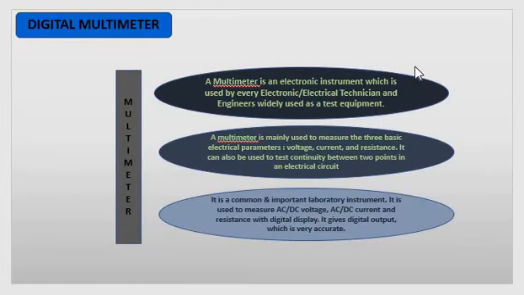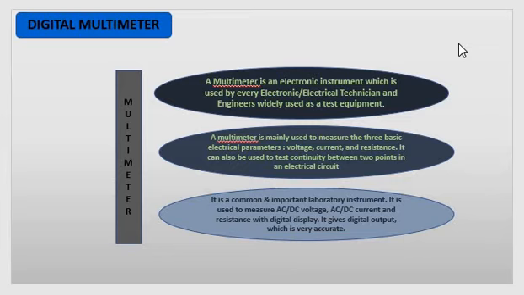So first, let us see what a multimeter is. A multimeter is an electronic instrument which is widely used by electronic and electrical technicians and engineers as a test equipment.